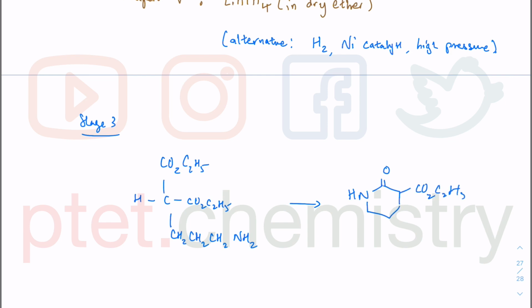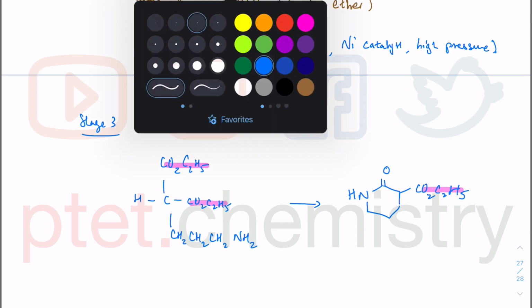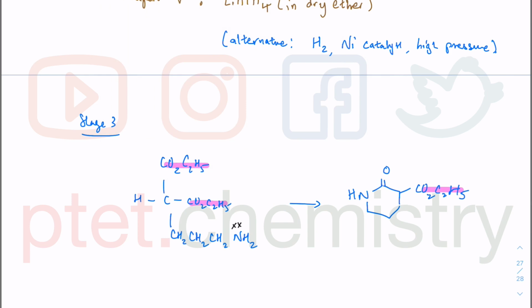Hope you can see that one of the esters is still around. We are not sure which ester it is, but there are two of that ester, and one of them is still around. And you could hopefully see that this is the nitrogen with the lone pair, so this is rich in electrons, and this is going to be the nucleophile.